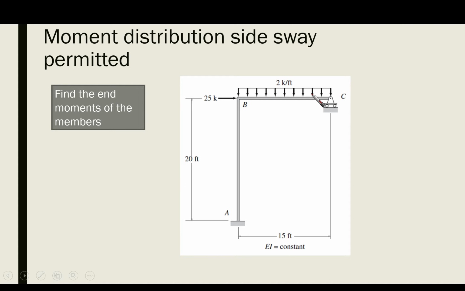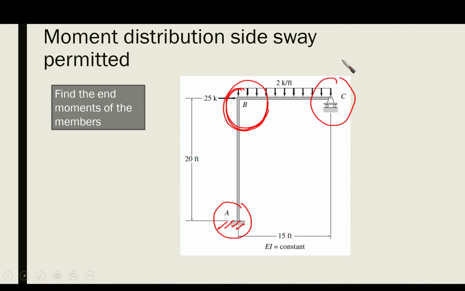As you can see here, we have 3 points: A, B, and C. Our structure has point B, which is considered free to rotate. Point A is not free to rotate because we have a fixed support here.